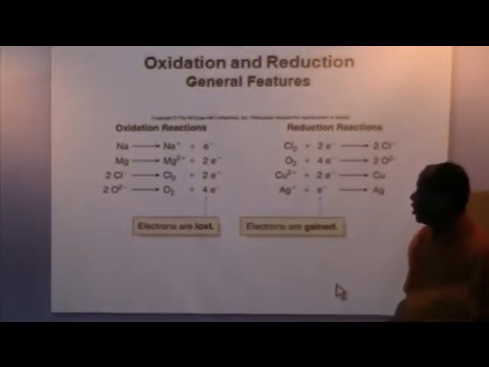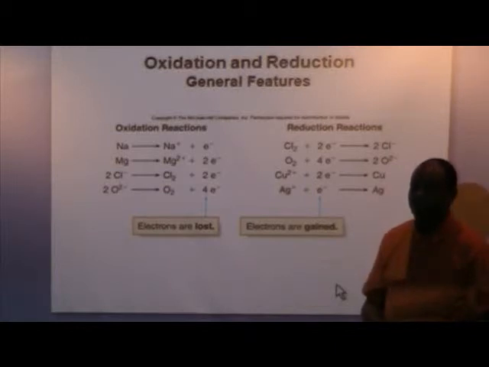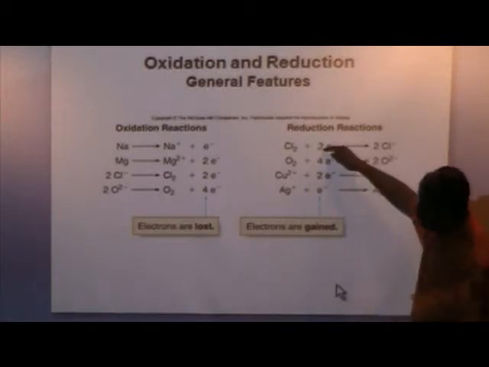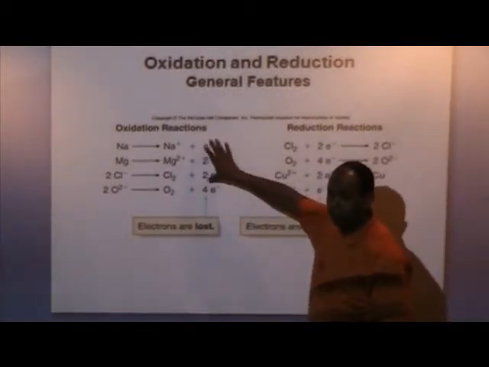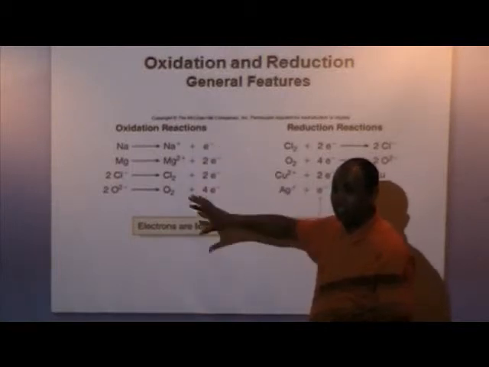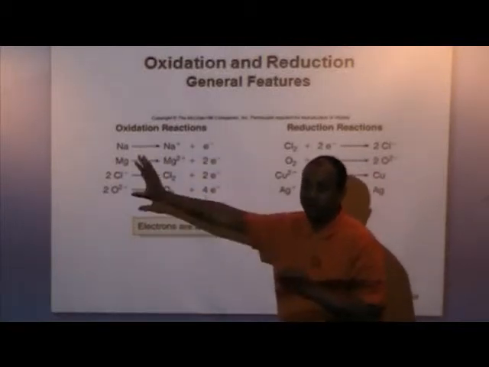So oxidation, is it endothermic or exothermic? Exothermic. Reduction, is it endothermic or exothermic? Endothermic. Reduction, gaining of electron to the reactant side. Oxidation gives away electron, just like an exothermic reaction gives away heat.